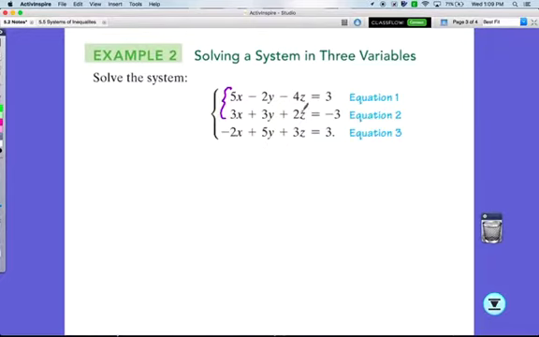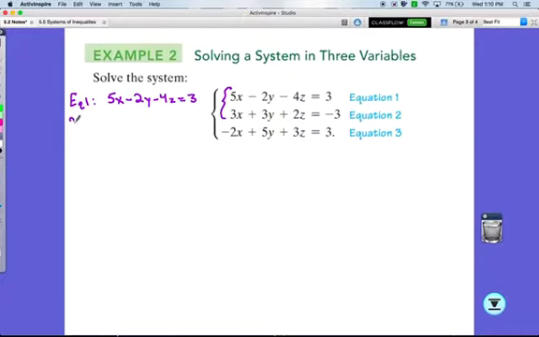This is already negative 4, so if I could get this to be positive 4, that would work out. So let me just rewrite equation 1: 5x minus 2y minus 4z is equal to 3.